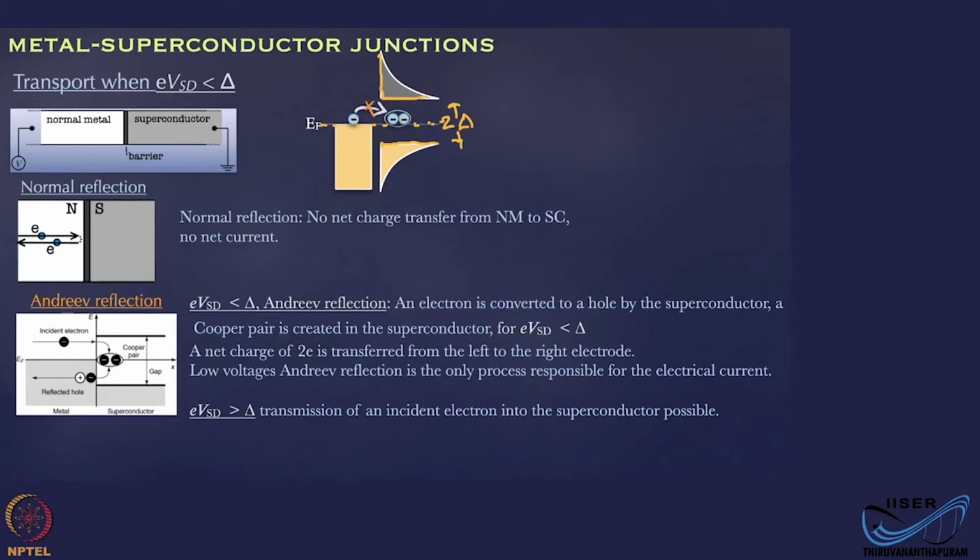So now, when you apply voltage which is less than the superconducting gap, delta is the energy spacing between the Cooper pair level and the next available, higher quasi-particle or electron level. So this electron from here cannot go here because this state is only for Cooper pairs. This is not for electrons.